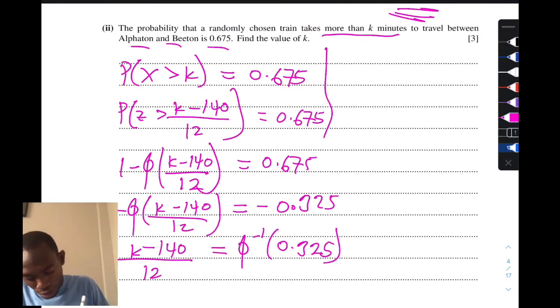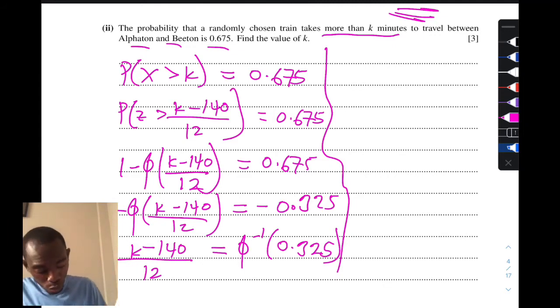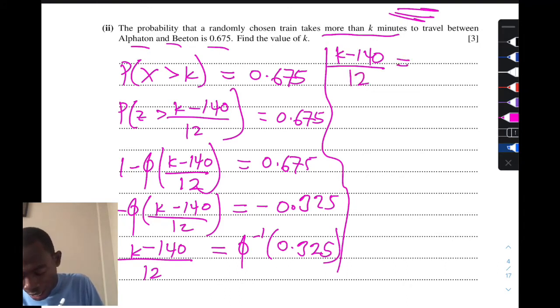Now, unfortunately, this value is not less than 0.5, so it's not going to be in the Z table. Therefore, it means it is to the left-hand side of the mean. So we have k minus 140 over 12 is equal to negative phi inverse of 1 minus the value we have there.